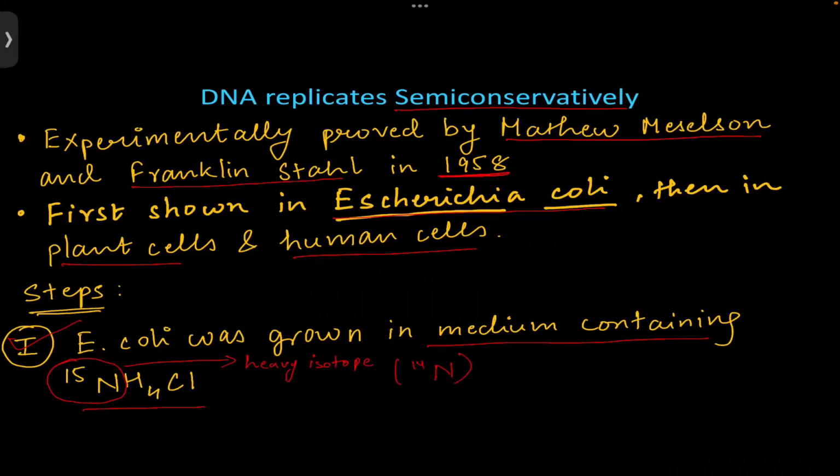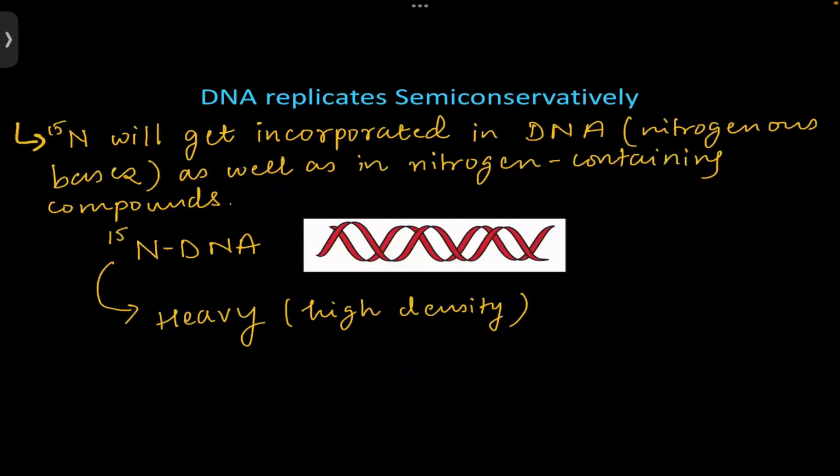Please note, no radioactivity. So this N15 nitrogen is not at all radioactive. A few colonies of E. coli were grown in a nutrient media which contained ammonium chloride, where the nitrogen is of N15 type.